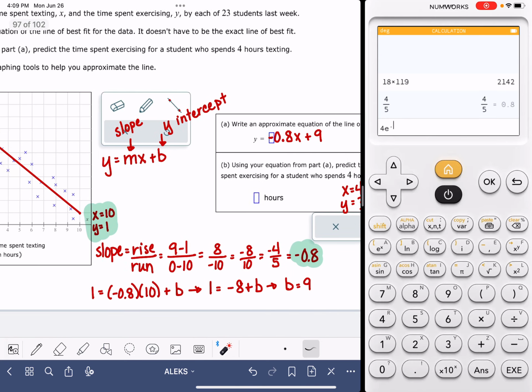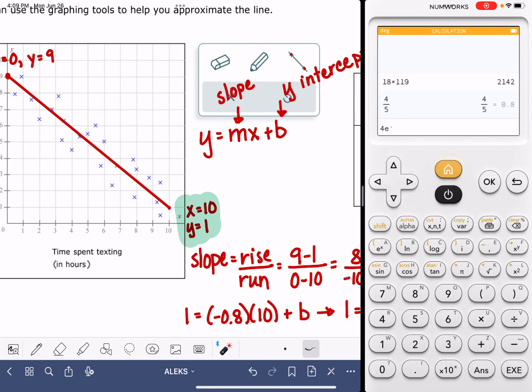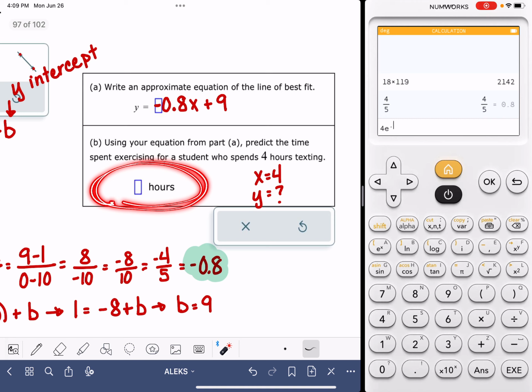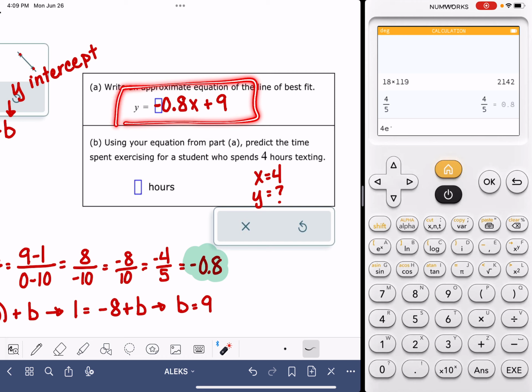Now, what you don't want to do with this problem is go to the graph and just guesstimate what that is based off of the graph. That's going to probably end up with an incorrect answer. So you don't want to approximate the answer for this part of the problem. Even though we approximated up here, ALEKS wants you to use the equation that you came up with to solve for the y variable.